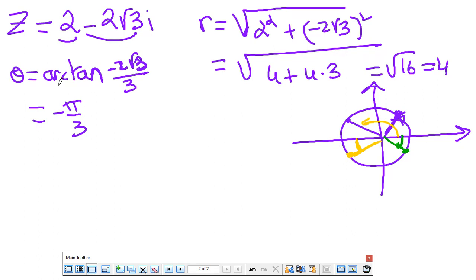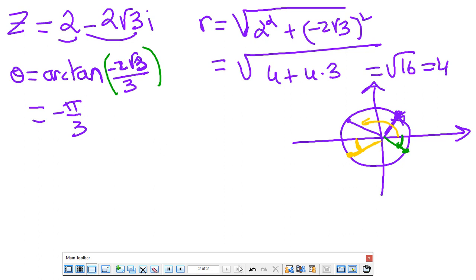So if you do arctangent of minus 2 radical 3 over 2, it gives you directly the angle minus pi over 3. If you need it as a positive answer, you do 2 pi plus the answer of the calculator, because you are doing 2 pi minus the angle, minus 60 degrees. So it's the same.